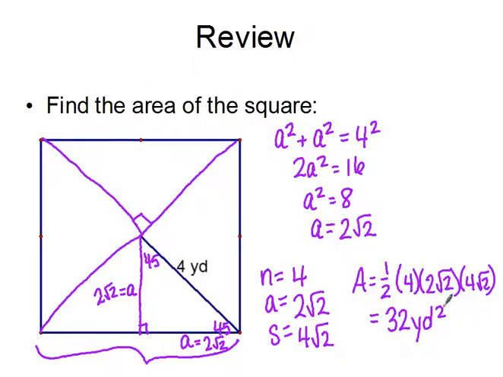Now that's not the only way that you can do this one. There are other ways to do a square, and so if you find another way, that's awesome. You just have to get 32 whenever you get done. Okay? Just another shape that we can show you.